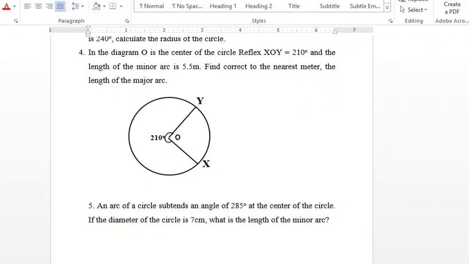So let's look at the last question that says an arc of a circle subtends an angle of 285 at the center. So we are just asked to determine the length of the minor arc. So let's write down the parameters we have here.